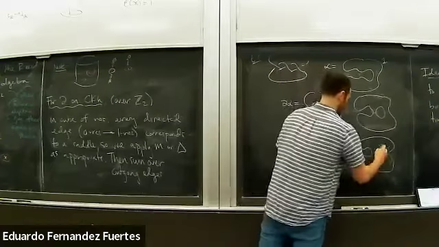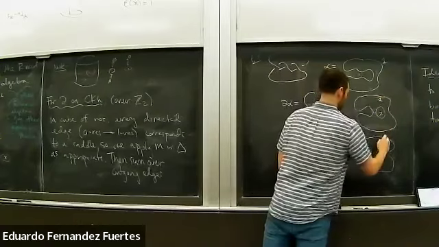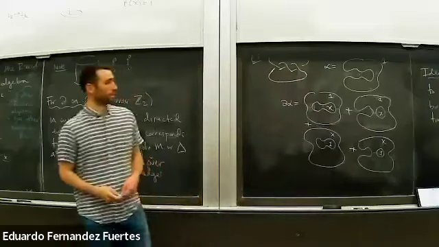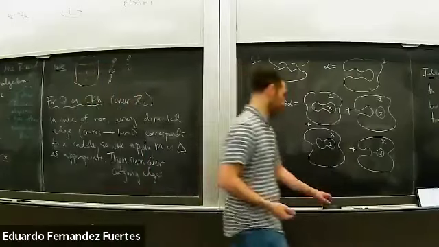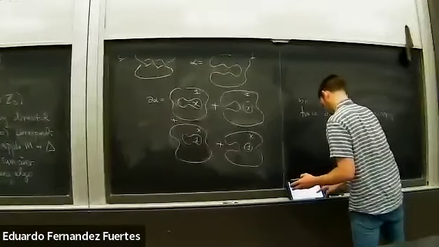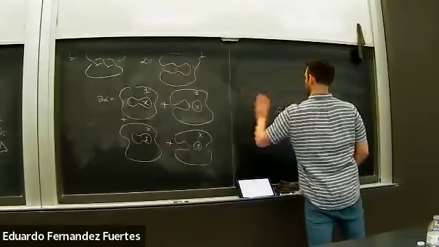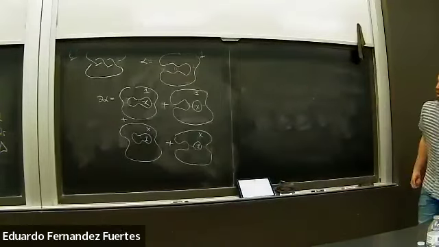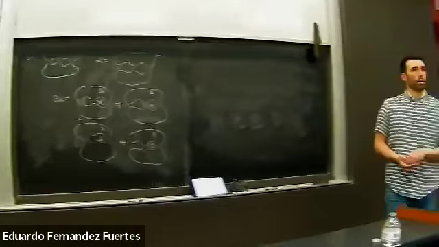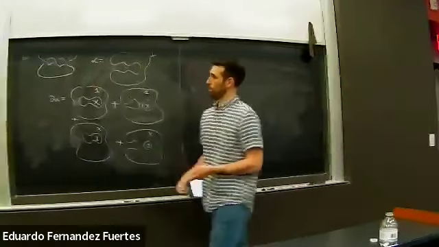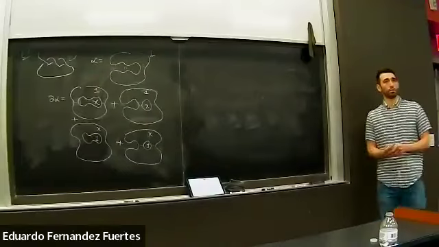So we get 1x and x1. So the boundary of alpha is this sum of labeled smoothings. Okay. Any questions about that example of applying the boundary map to a labeled smoothing over Z2?